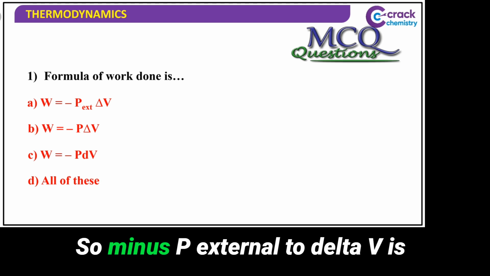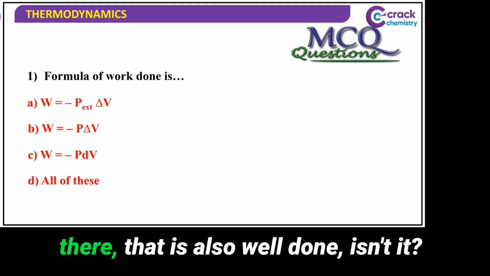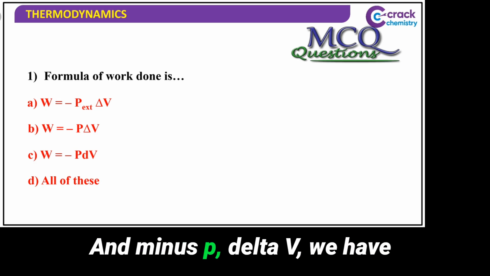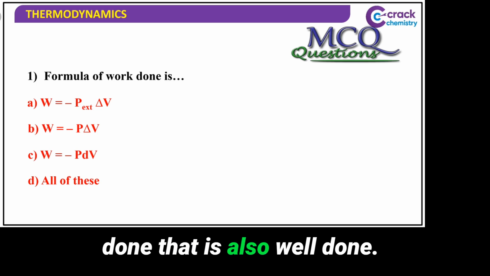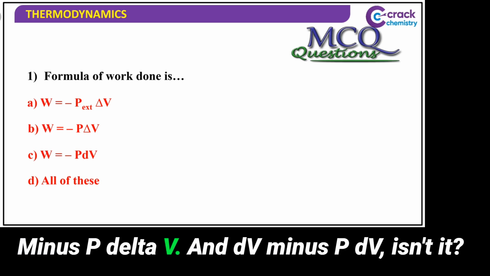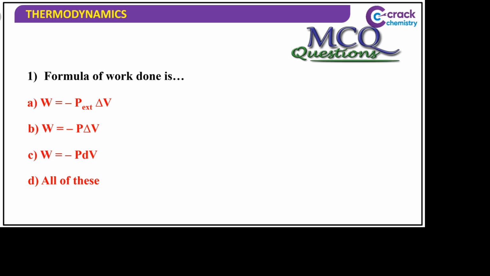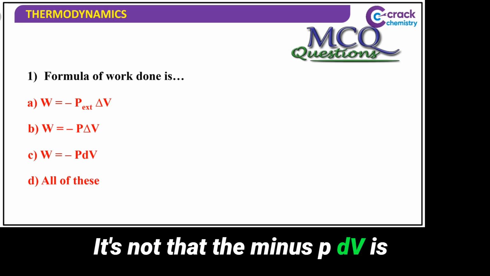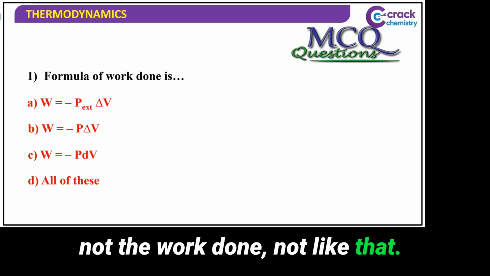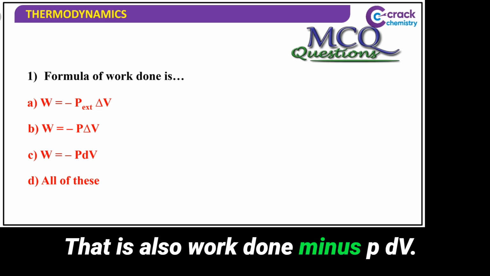Minus P external into delta V is there, that is also work done, isn't it? And minus P delta V we have done, that is also work done. And minus P dV, isn't it? That is also work done. It's not that minus P dV is not the work done.